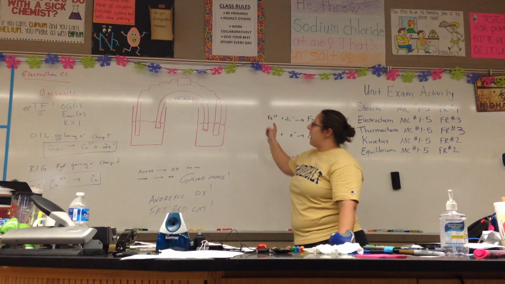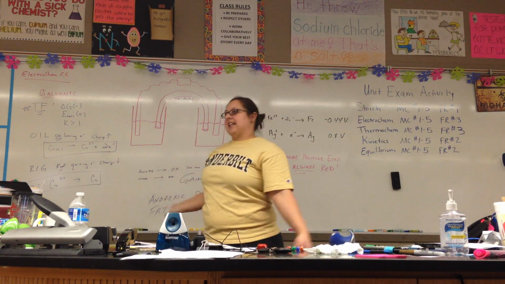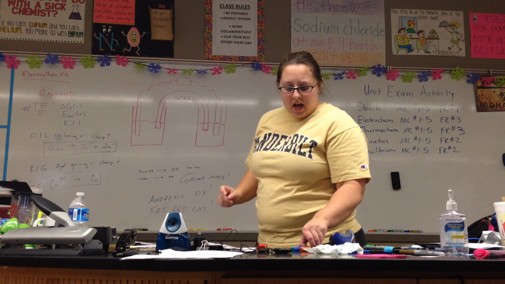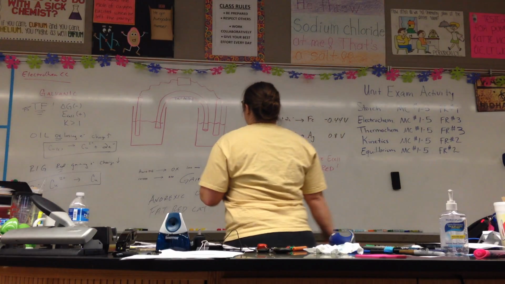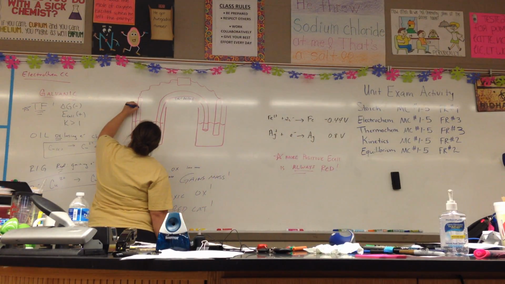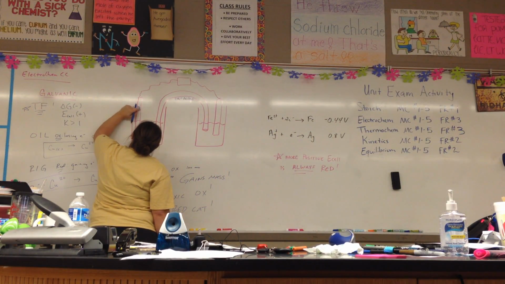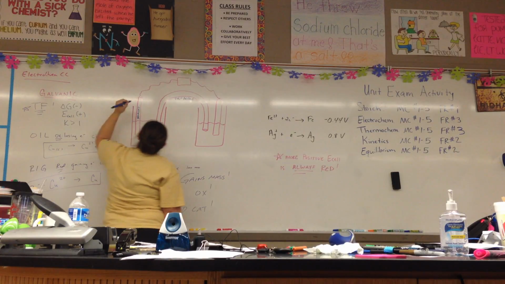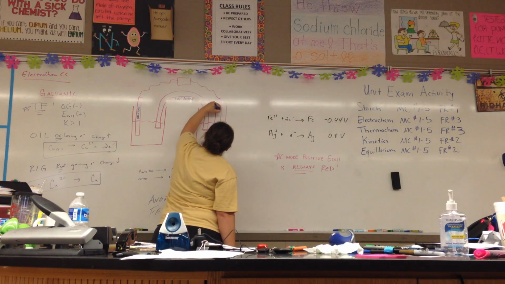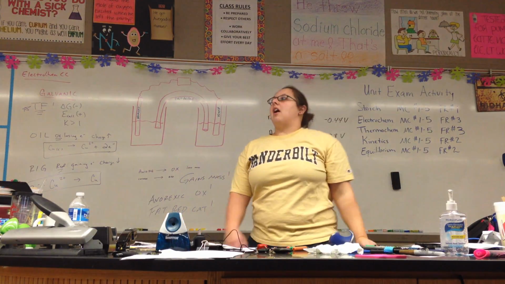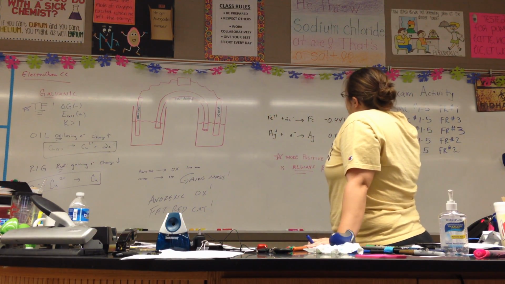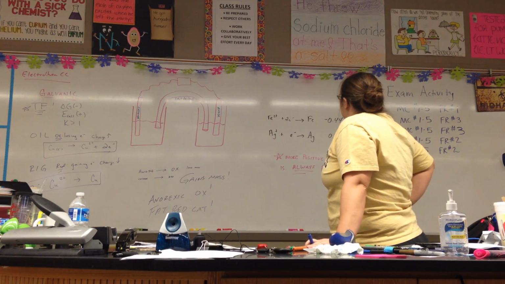So, let's fill out our galvanic cell, okay? Let's call this one the cathode. And let's call this one the anode. Which one of these metals, iron or silver, is going to be the anode?